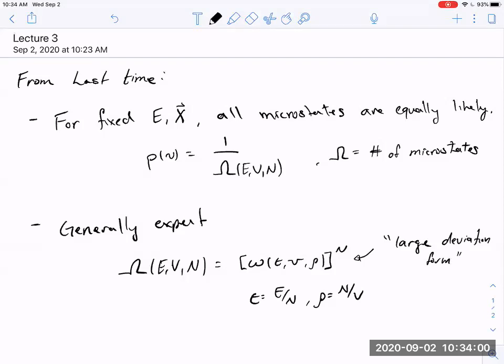It is the expected dependence, which we argued by noting that it is the dependence we would find provided we're able to break up a large system into independent regions.